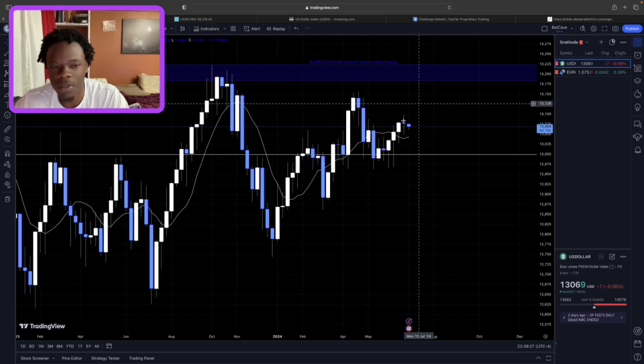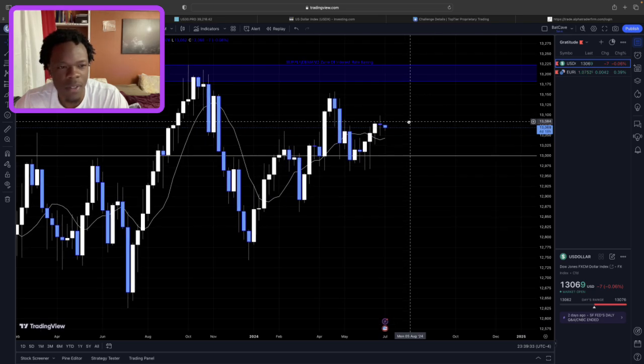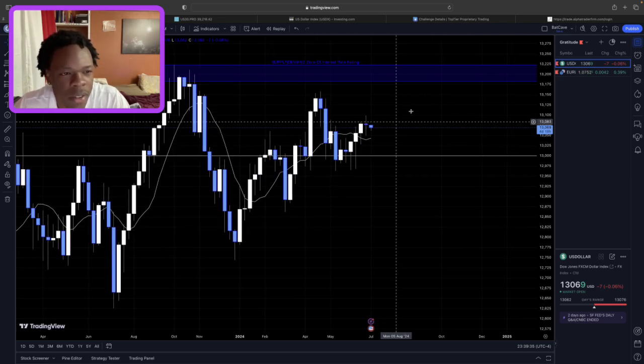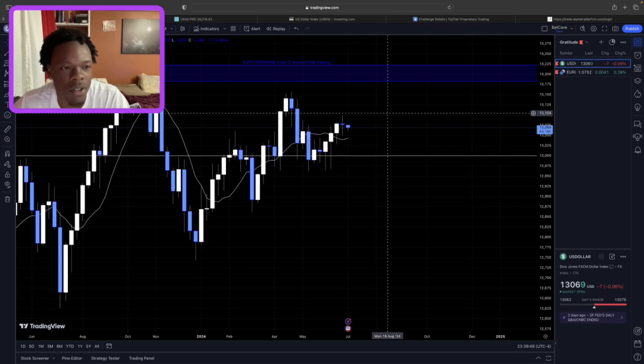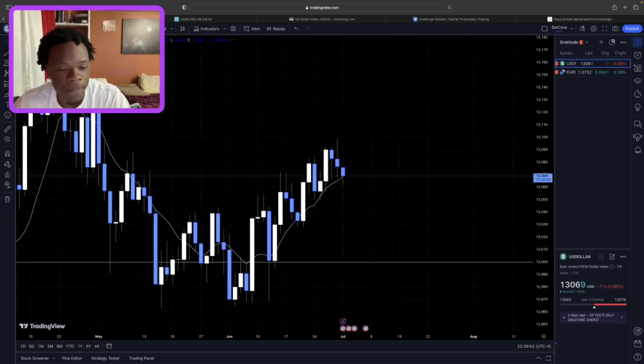It created a bullish run, and last week price action created a bearish doji candle, with this week opening at 13,076 and a low of 13,062. Price action could continue to be bullish as overall market structure is bullish.